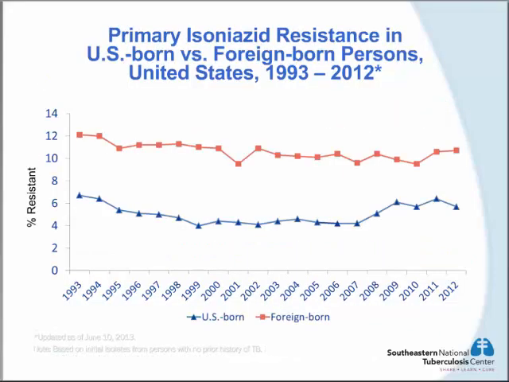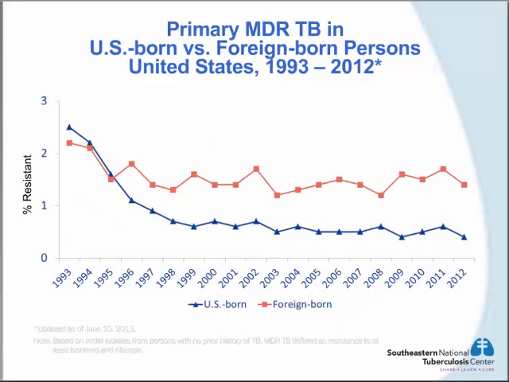But when we look at these rates, dividing the population in U.S.-born and foreign-born, we can see that the foreign-born have double the rate of the U.S.-born. In this graph, the primary INH resistance is represented, but the same phenomenon occurs when you look at MDR-TB among U.S.-born and foreign-born.